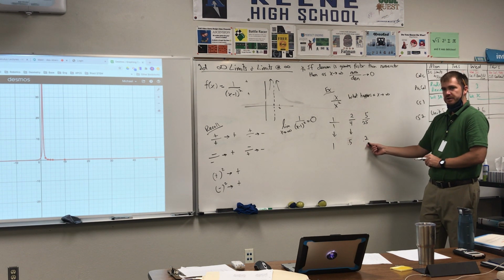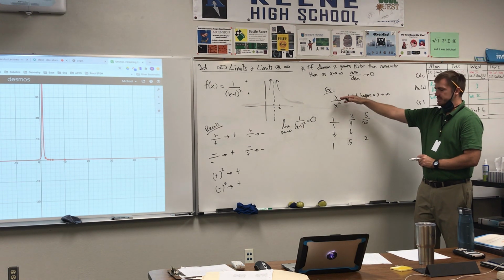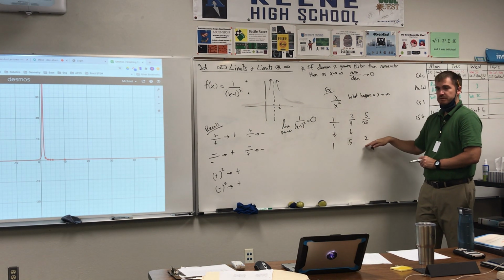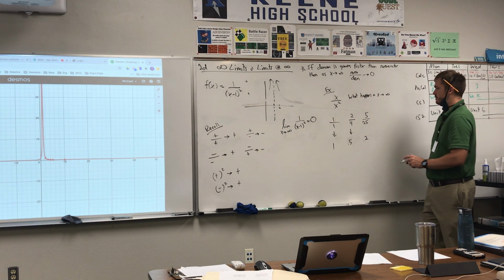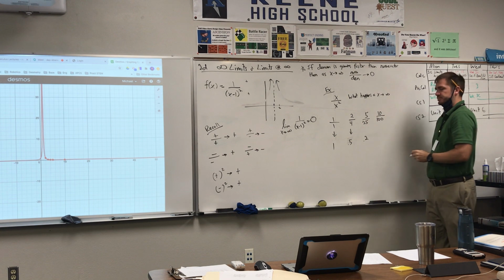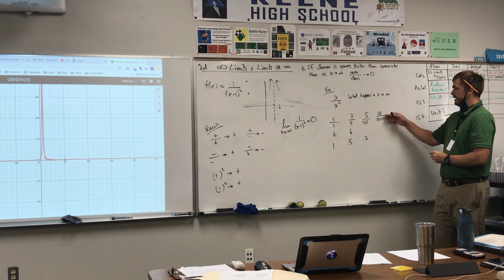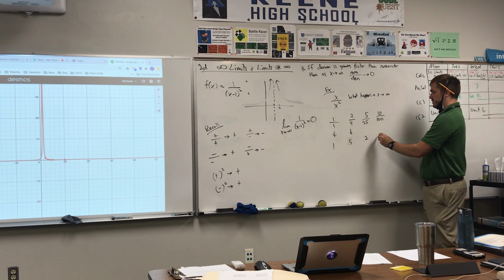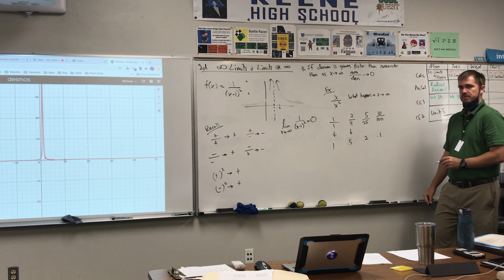Mitzi, are you seeing a pattern here? Is that ratio getting bigger or smaller? It is getting smaller. Let's go to 10. 10 divided by 10 squared. So 10 divided by 100, that's 1/10. 0.1.